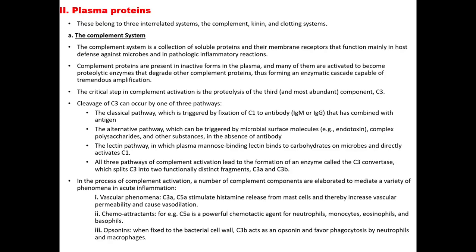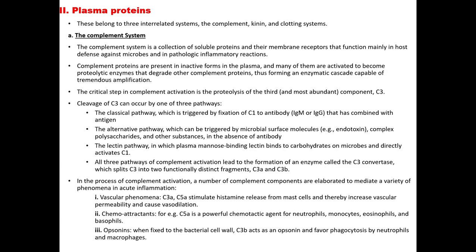Plasma proteins belong to three interrelated systems: the complement, the kinin, and the clotting systems. The complement system, which is the major part of our discussion, is a collection of soluble proteins and their membrane receptors that function mainly in the host defense against microbes and in pathological inflammatory reactions.